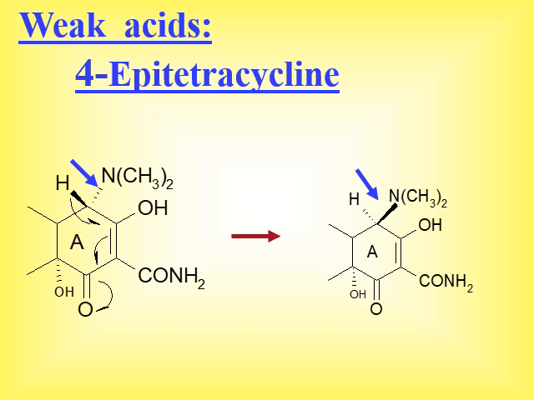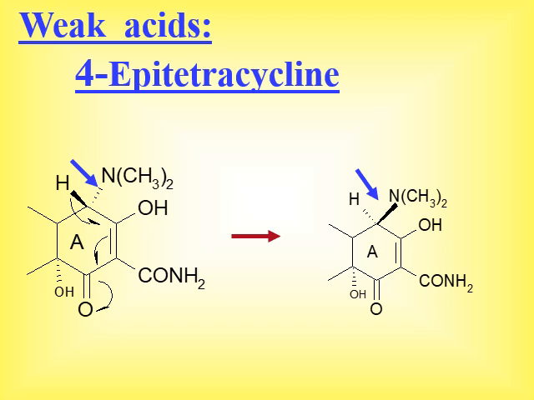In case of weak acids having the pH from 2 to 6, epimerization can take place, forming 4-epitetracycline. The left side is tetracycline. As we see here, the dimethyl amino is below the plane and the hydrogen is above the plane.